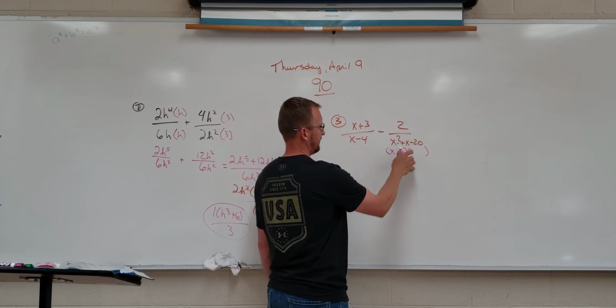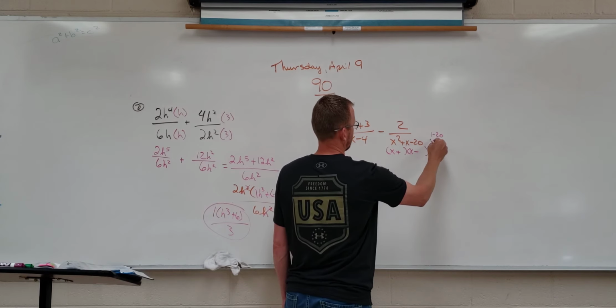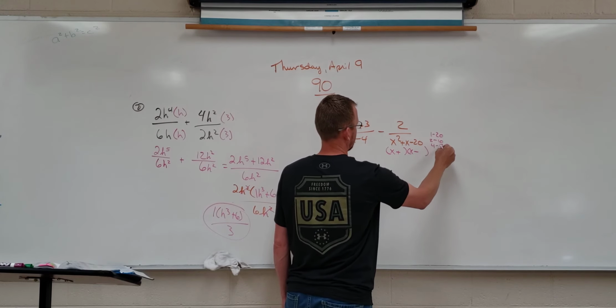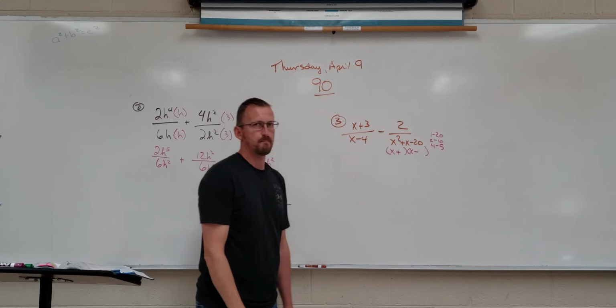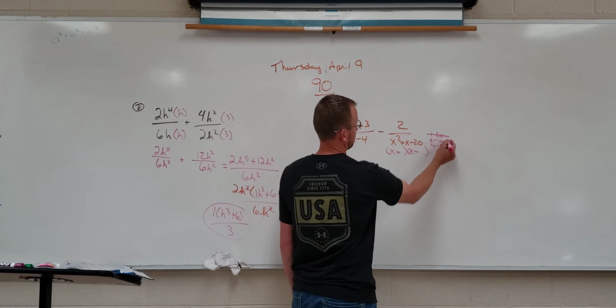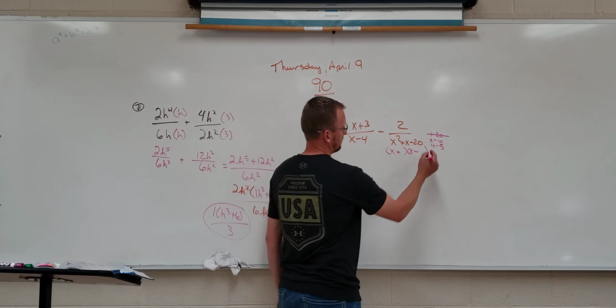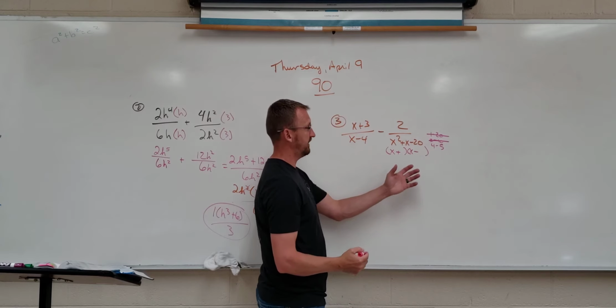X is a negative, positive, negative, 1 and 20, 2 and 10, 4 and 5. Now hopefully you can look at those pretty quick, figure out, no, that's not going to give me 1, what we're looking for is 1. No, it's got to be 5 and 4.